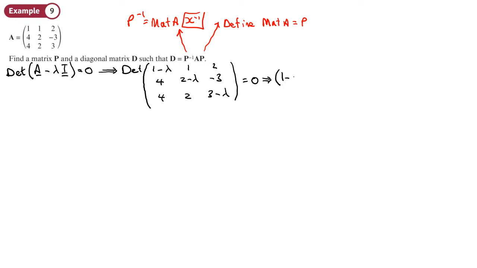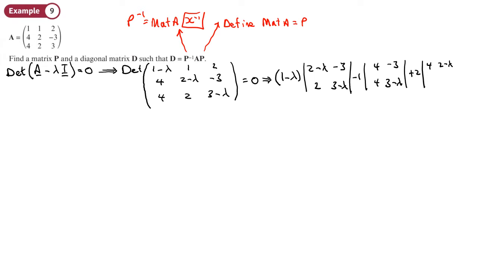Well, it's going to be 1 minus lambda times its minor, which is the determinant of 2 minus lambda, negative 3, 2, 3 minus lambda. Then minus 1 times its minor, which is going to be the determinant of 4, negative 3, 4, 3 minus lambda. And then plus 2 times its minor, which is going to be the determinant of 4, 2 minus lambda, 4, 2, equal to 0.